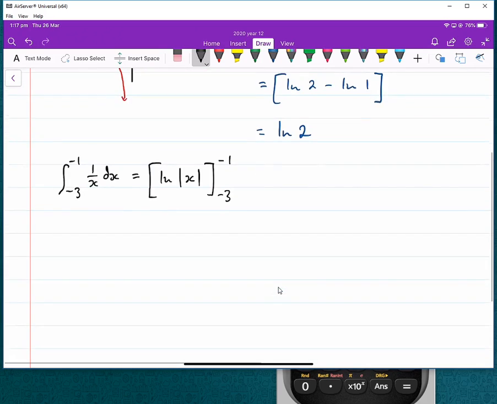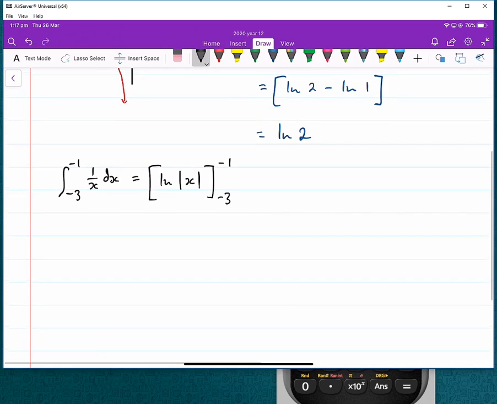So it's equal to ln of the absolute value of -1, which is ln 1, minus ln of the absolute value of -3, which is ln 3. Ln 1 is 0, so we get just negative ln 3.